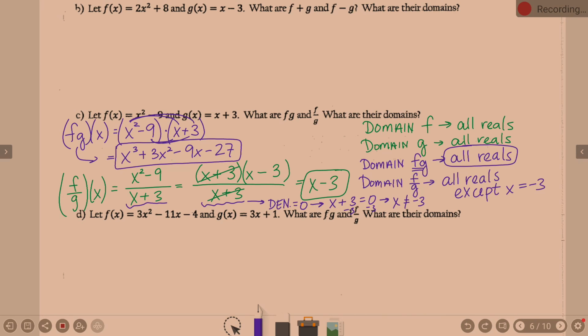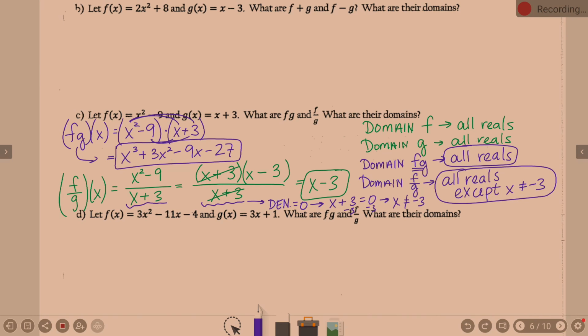Okay. So all reals except x cannot equal negative 3. Watch for the division, the catches there.